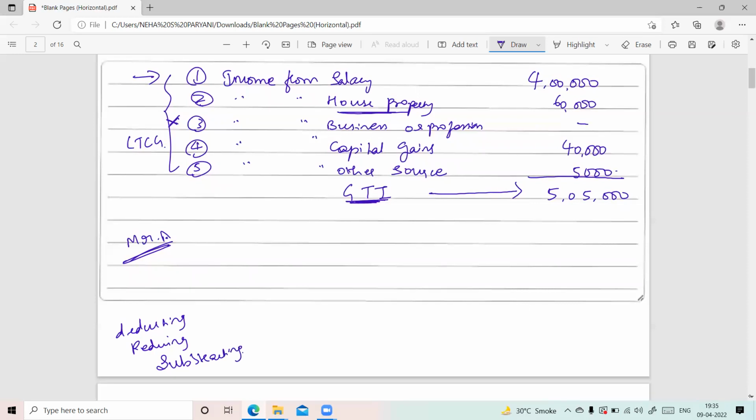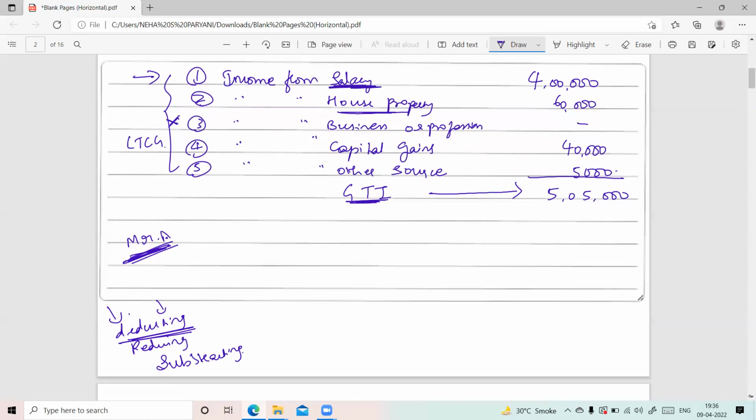So in income tax also certain deductions are allowed for taxpayers. These deductions help the taxpayer reduce the burden of tax. So the government or the income tax department allows certain deductions. For example, if Mr. A is contributing part of his salary towards a provident fund, towards public provident fund.